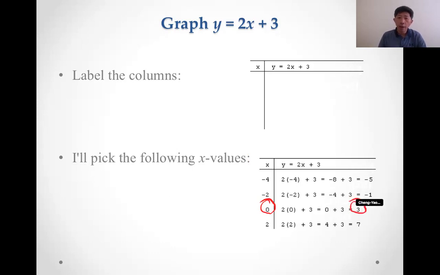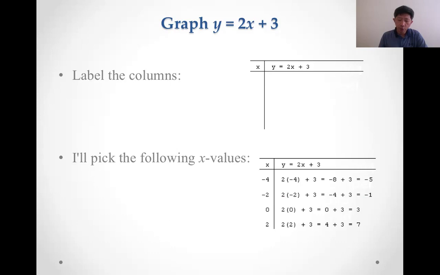So x is 0 and y is 3. Now if I pick negative 2, then I find 2 times negative 2 plus 3, and finally I get negative 1 for y.